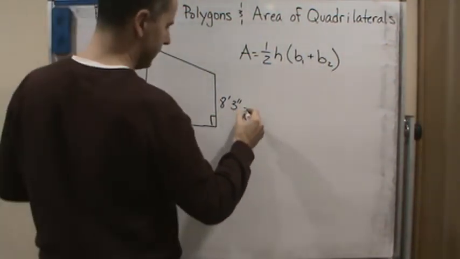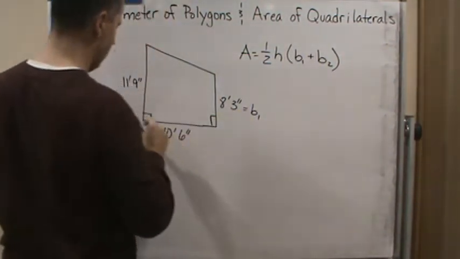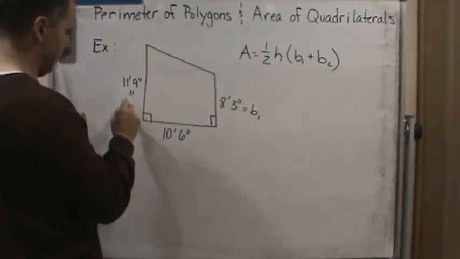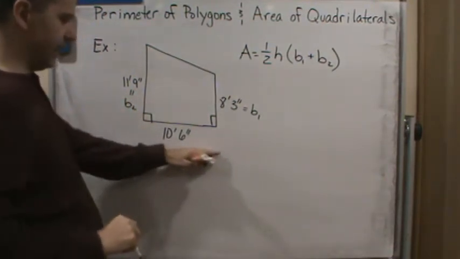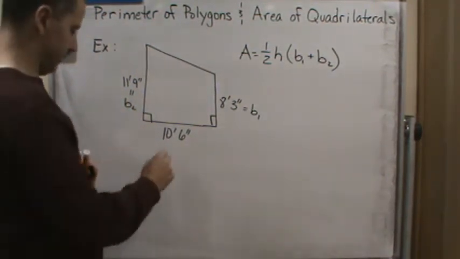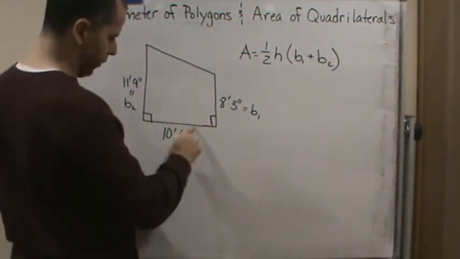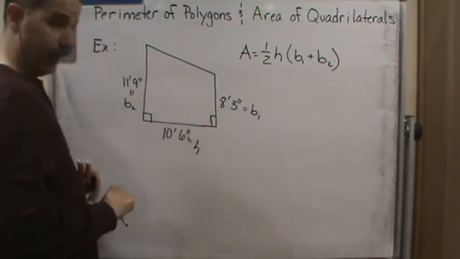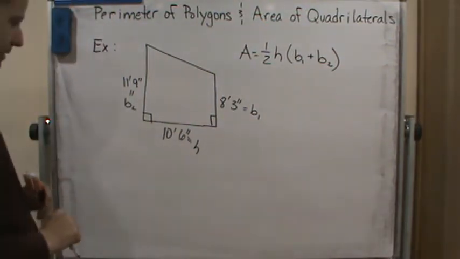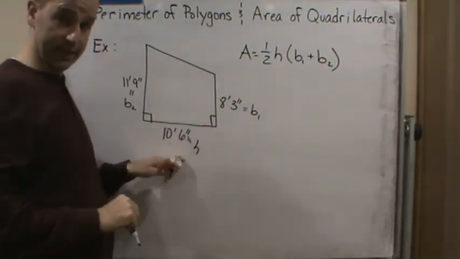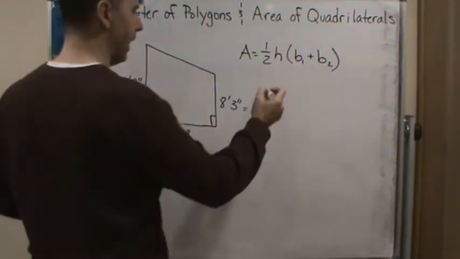So let's say this is base 1 and this is base 2, which means this is going to be the height. And it's the height because it also forms a perpendicular line to the bases. Okay, so now let's plug and chug.